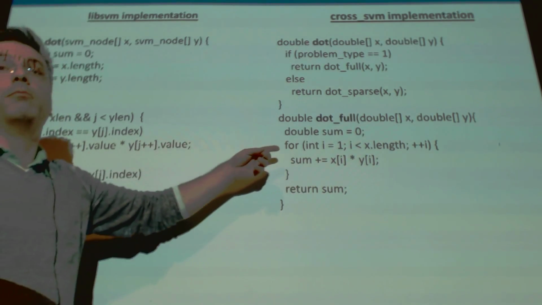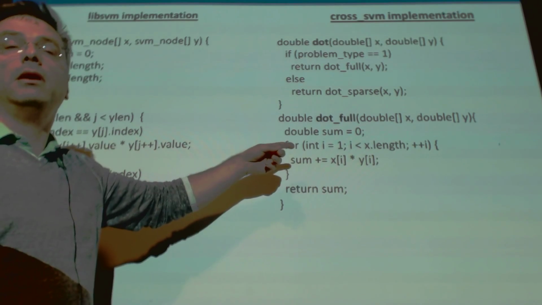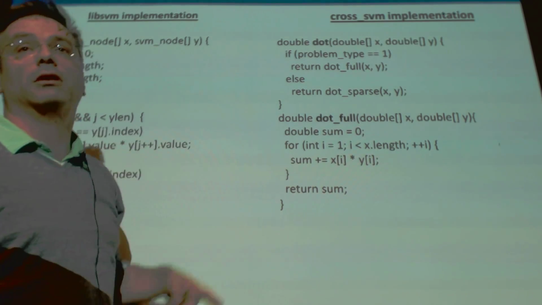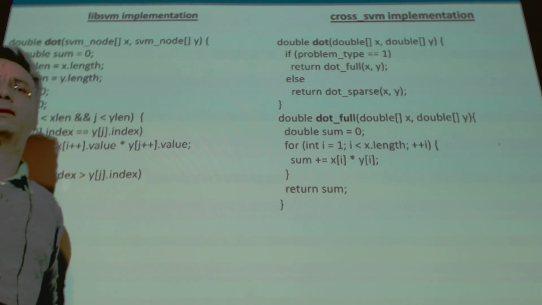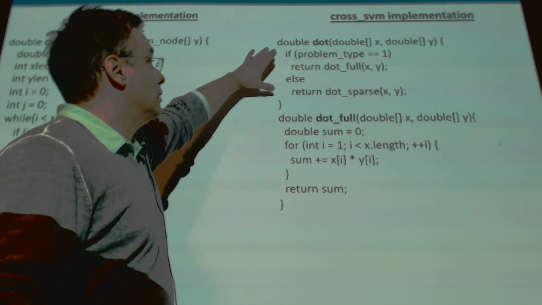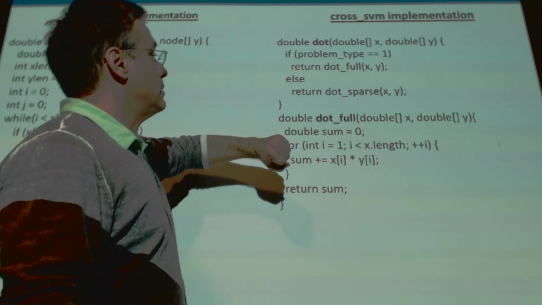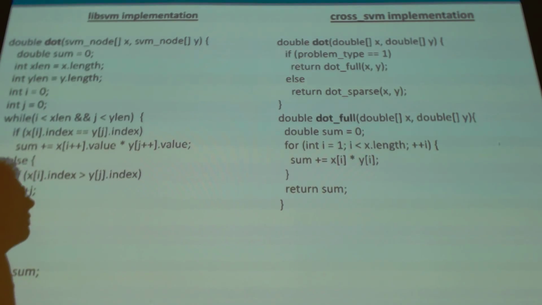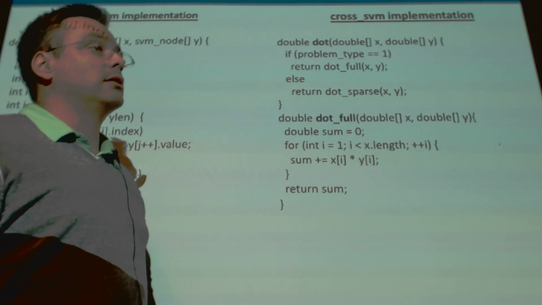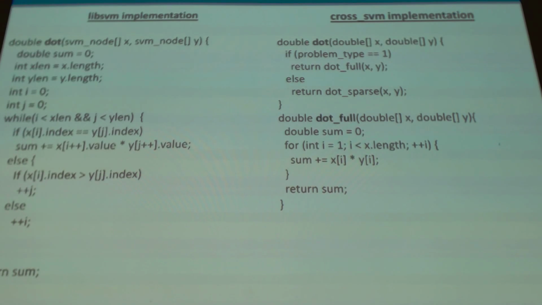And I said over 90% of the time in libsvm is spent in this dot product function. If you remove a couple of ifs, you gain tremendously. So on dense data sets, if you're using our implementation cross SVM, you're going to get another doubling in speed.